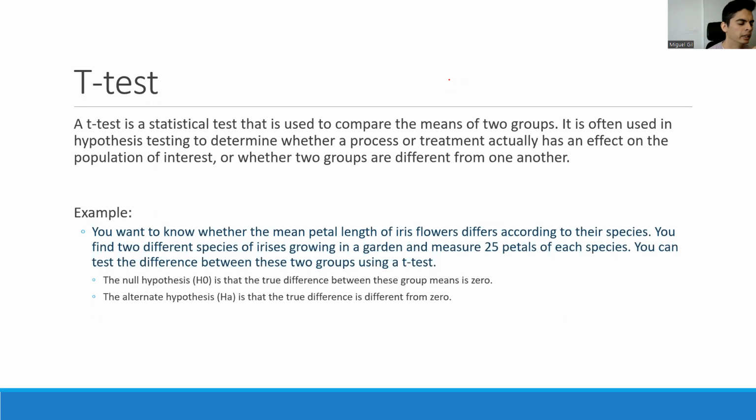Imagine that you have a sample of people before going into a diet, and then you have the same group of people, but after the diet. So you want to check with the t-test if both groups are statistically different, if there is change from the first one to the next one, and also if they are related.